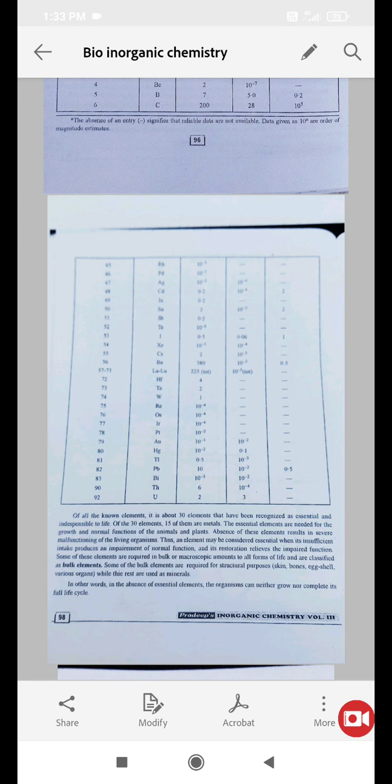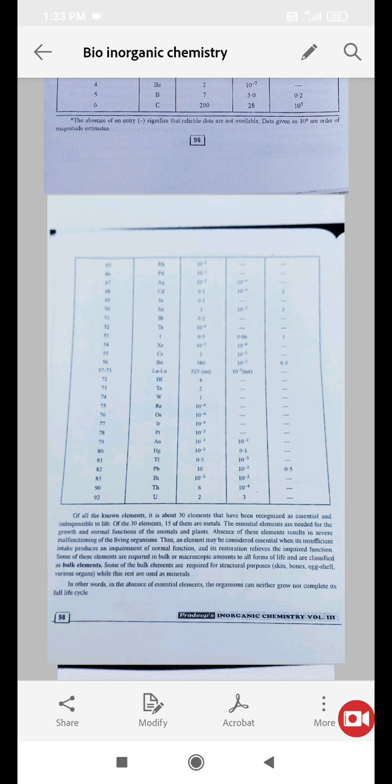Thus, an element may be considered essential when its insufficient intake produces an impairment of normal functions, and its restoration relieves the impaired functions. Some of these elements are required in bulk or macroscopic amounts by all forms of life and are classified as bulk elements.